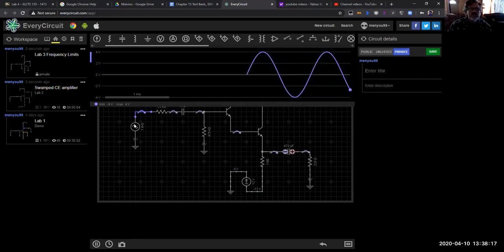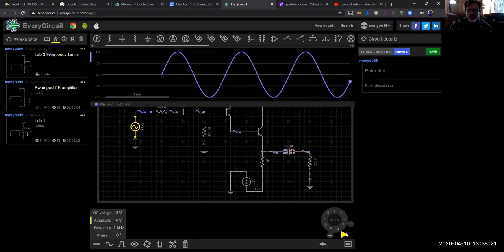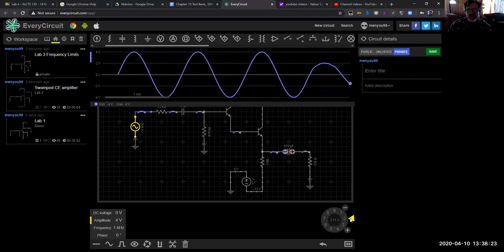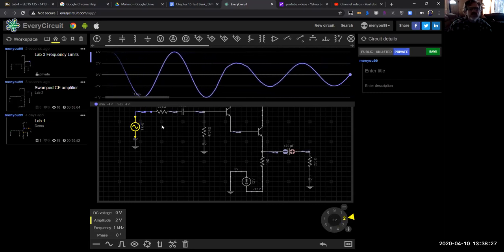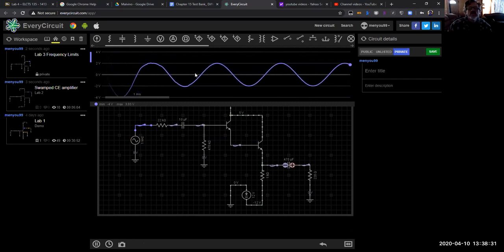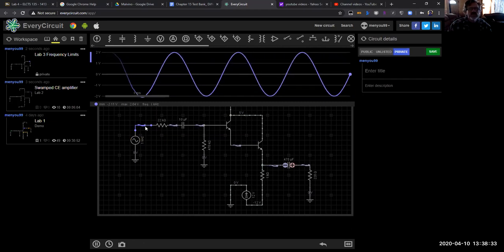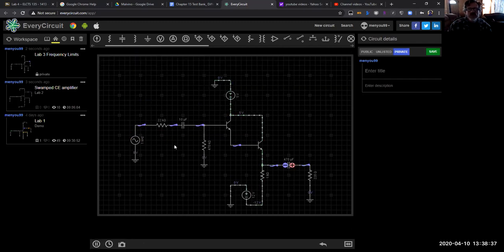Oh, no, I went too high, didn't I? So let's bring that down, my bad. So 2 volts peak to peak. Looking at the input right there, see that? So looking at our scope output. Now we go ahead and stop observing that. Now we've got 2 volts peak to peak with a 1 kilohertz sine wave coming in.